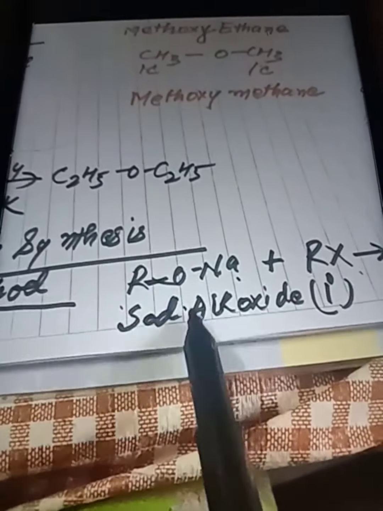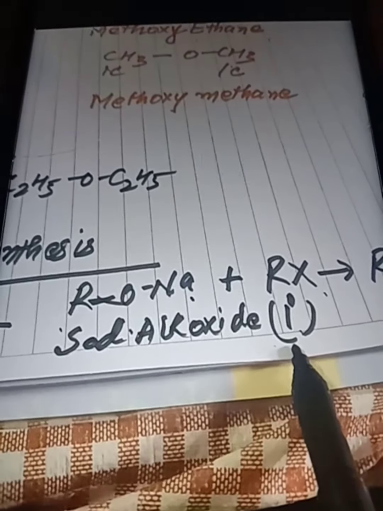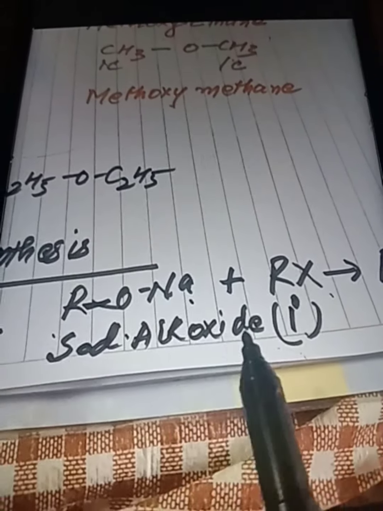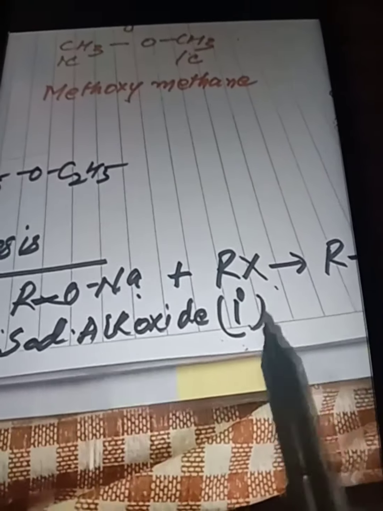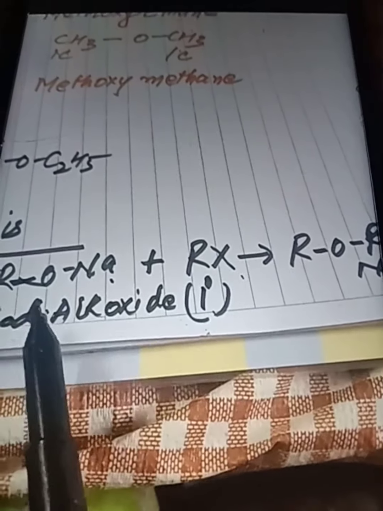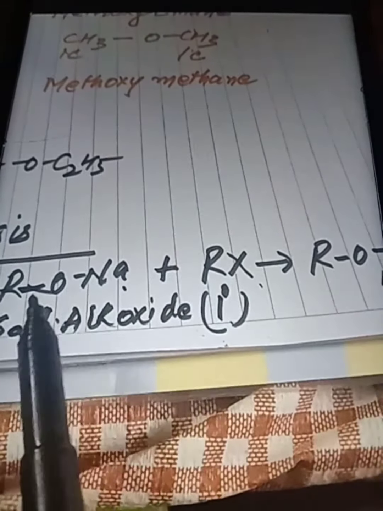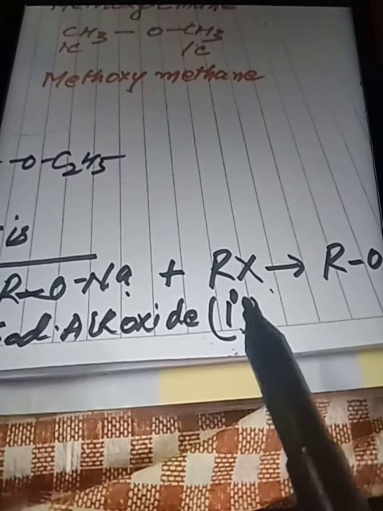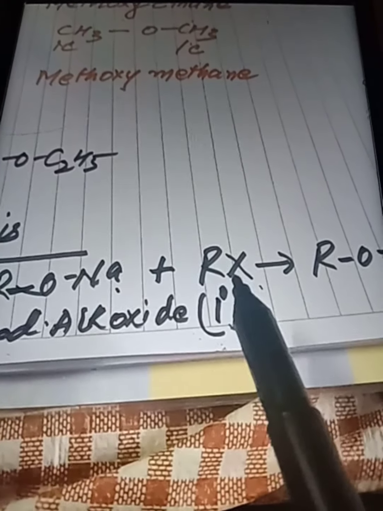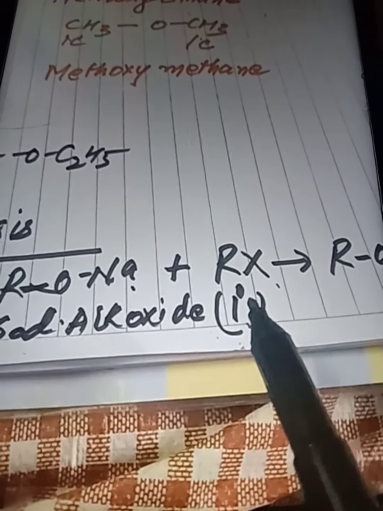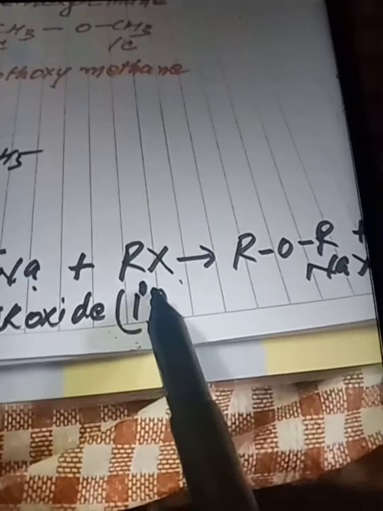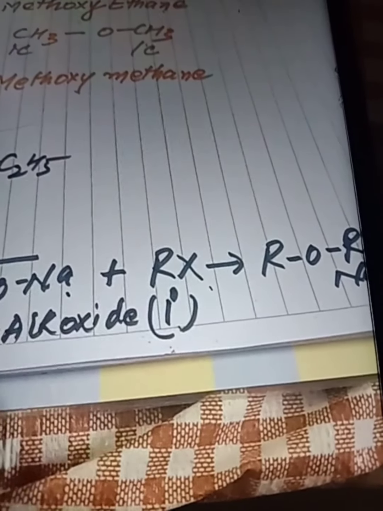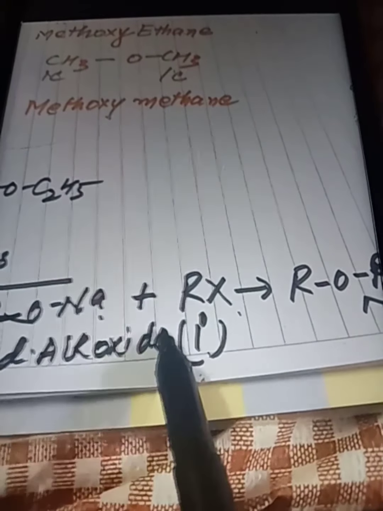See carefully. In this preparation of ethers, the very important point is we prefer 1 degree alkyl halide. Better results will be obtained if we take 1 degree alkyl halide. And another important thing is this is SN2 attack. SN2 is substitution nucleophilic reaction or nucleophilic substitution reaction, in which one nucleophile will leave and other nucleophile will add from the back side.